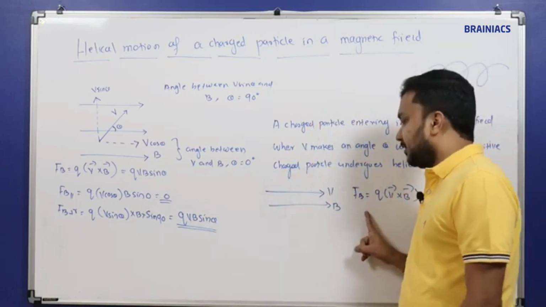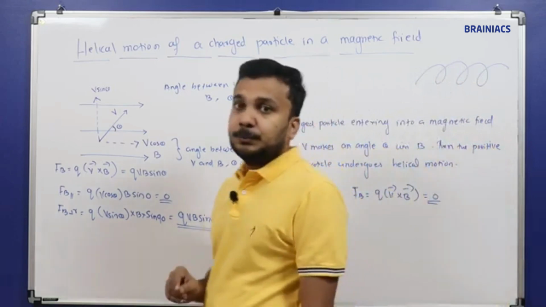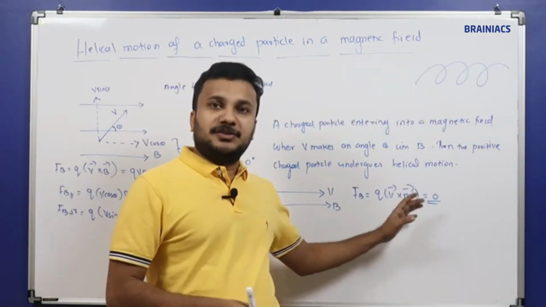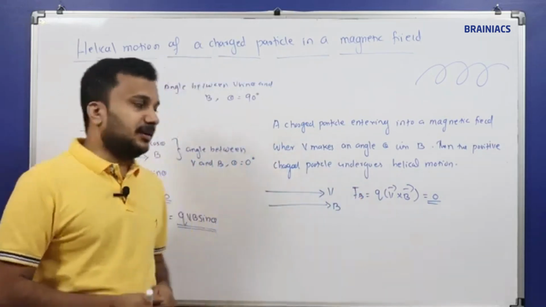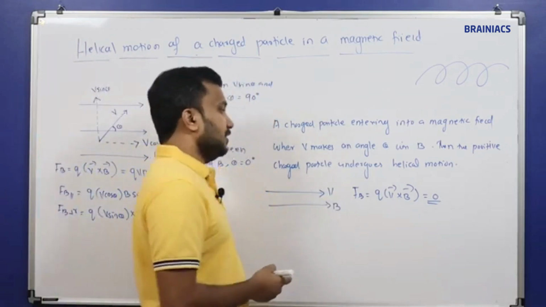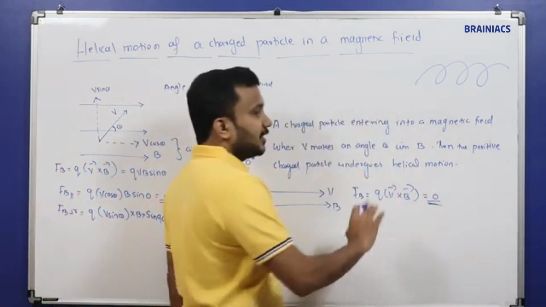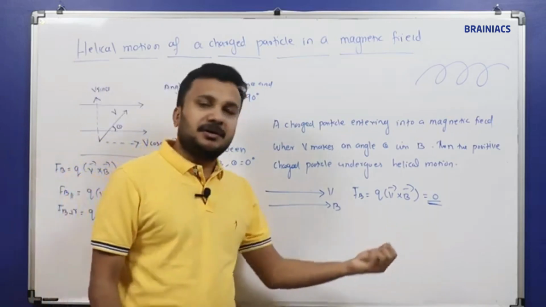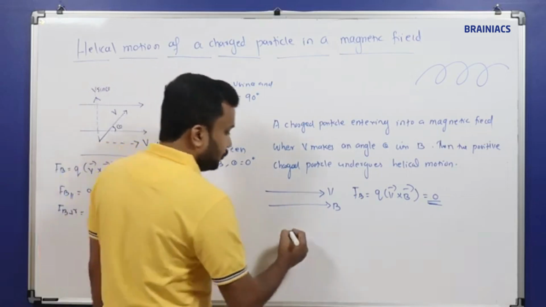Whenever velocity and magnetic field are parallel, there is no force. Whenever velocity and magnetic field are perpendicular, what will happen? Circular motion. So there are three cases. When V and B are parallel, it is coming in a straight line, no push, no pull, nobody is applying any force, so force will be equal to 0.